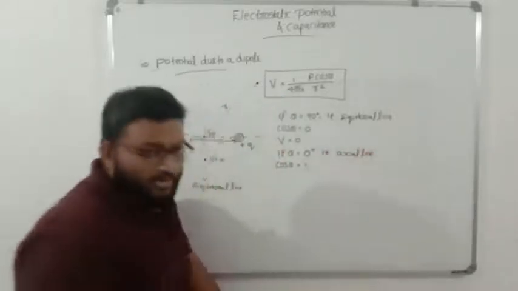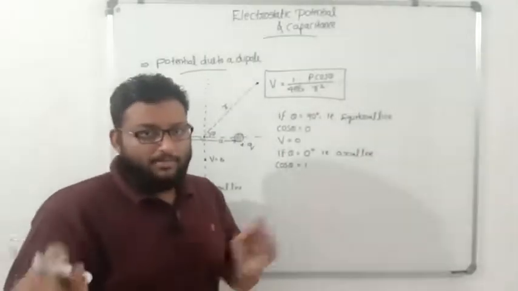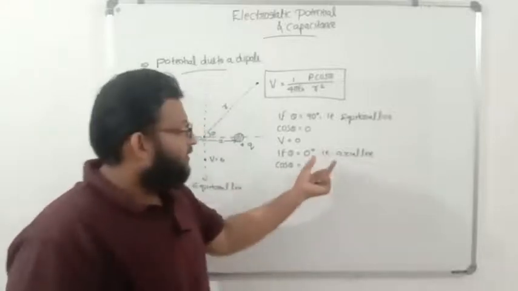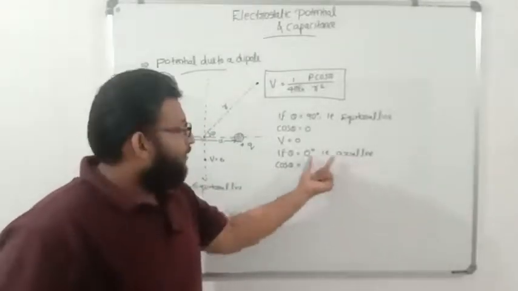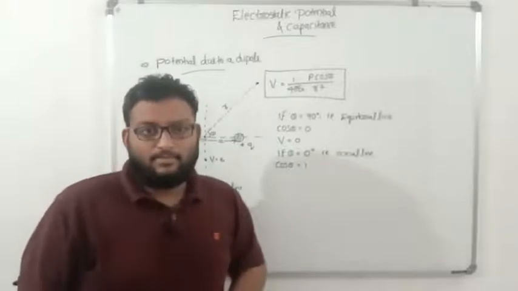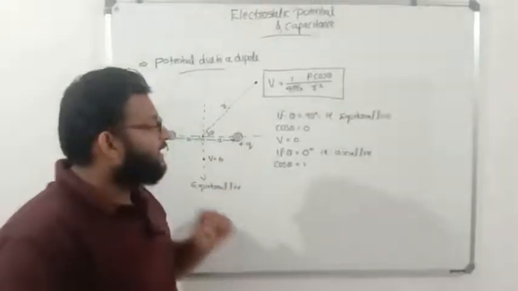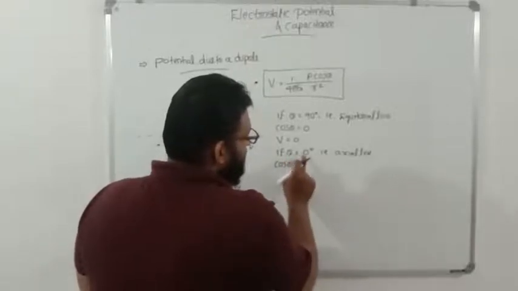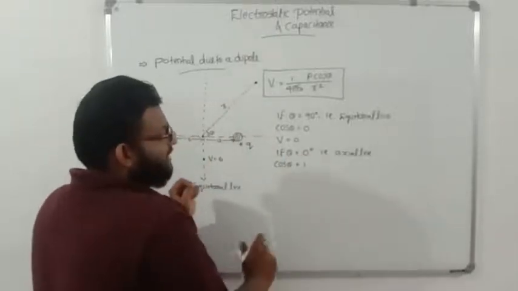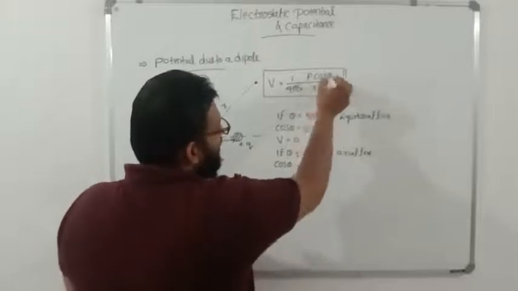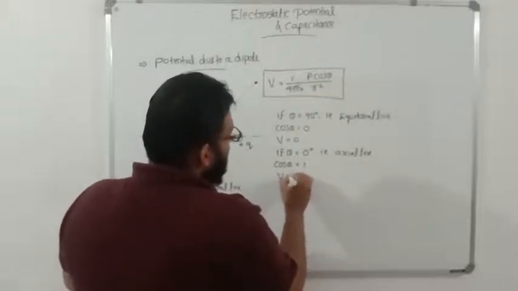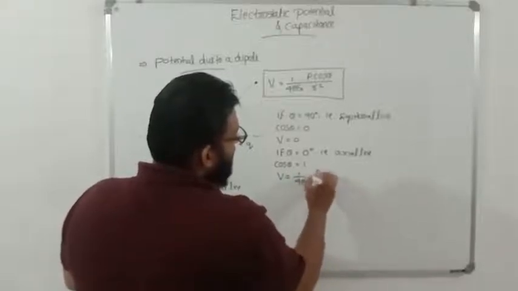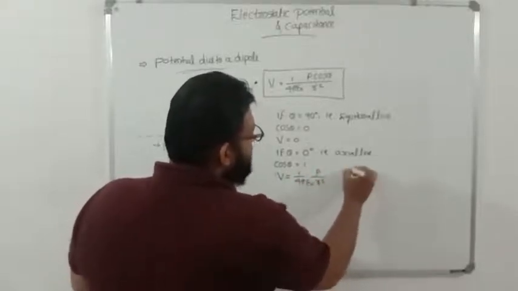For the axial line, cos theta is equal to 1, since theta is 0. Then the potential will be 1 by 4 pi epsilon 0 times p by r square. What is p?